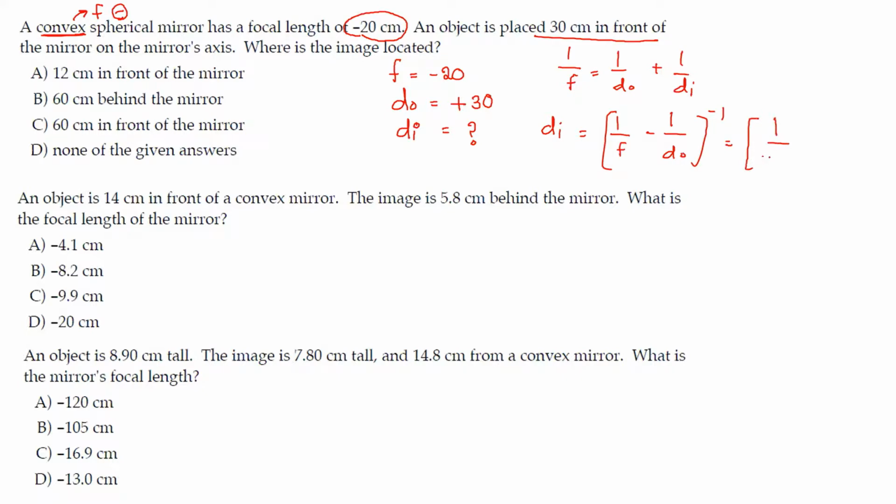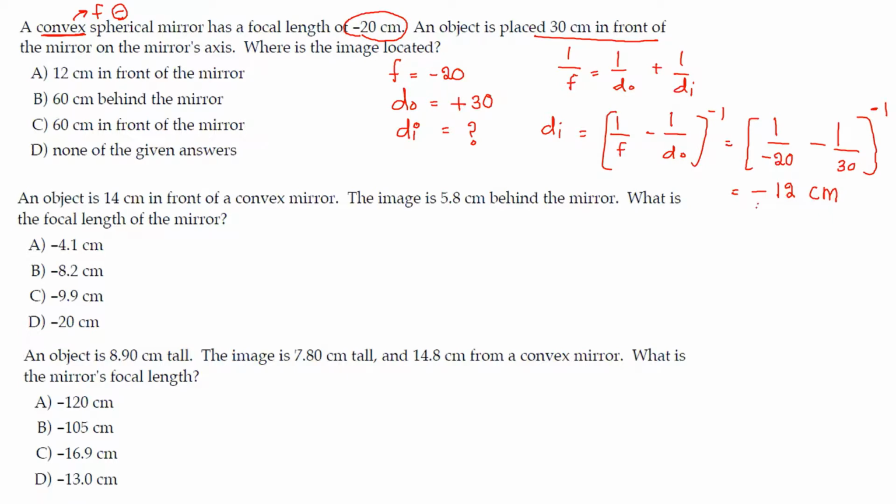F is negative 20 and D naught is positive 30, right? So negative 1 over 20 minus 1 over 30. When you plug this in the calculator and get the inverse, you should get negative 12 centimeters.